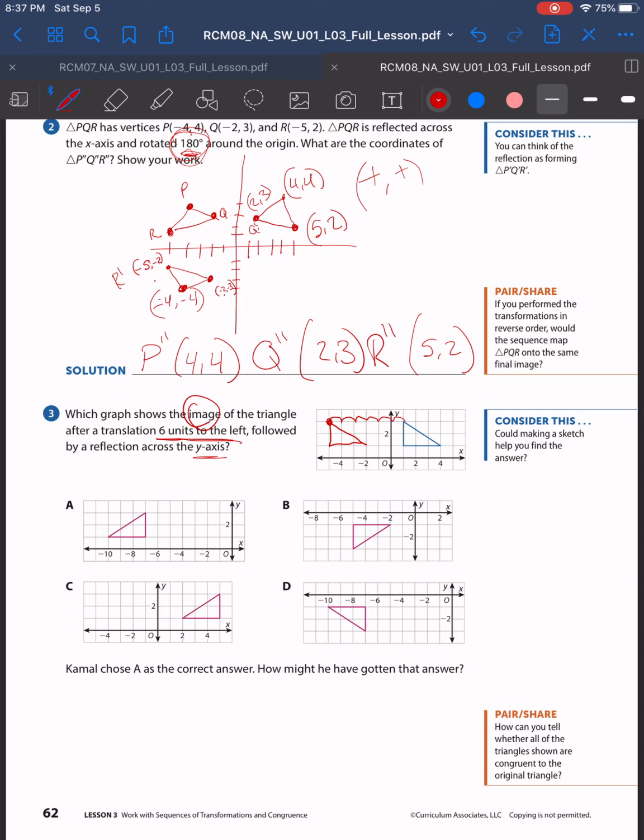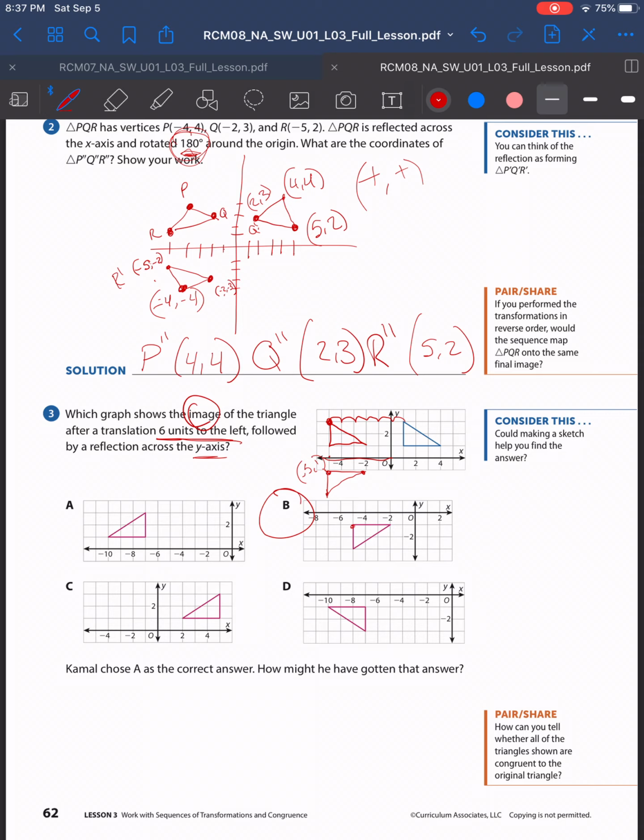And then if I reflected it across the y-axis, it would look something like that. Okay, so it looks like it's over 5, down 1 for this point, so let's just check that. B automatically already looks correct to me. It's over 5, down 1. The rest of these are all in different positions, so we're gonna go with B.